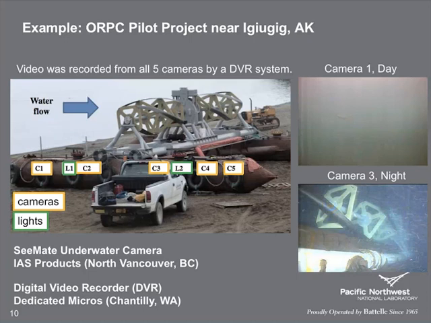So they covered the area of interest, both upstream and downstream of the device. They included a couple of lights. So that's the equipment that they used, C-Mate underwater cameras, and a dedicated micro DVR. And there's just a couple of examples of what the images look like from those cameras.